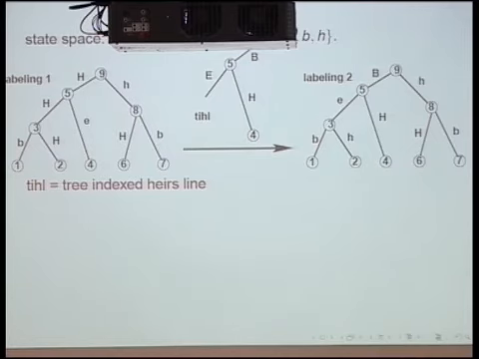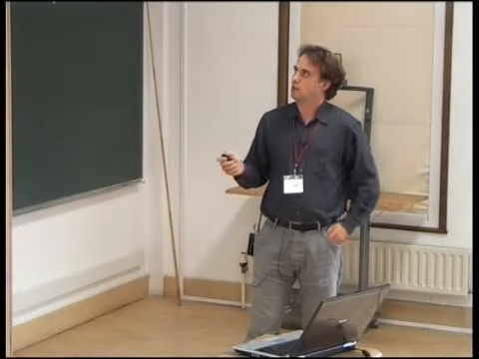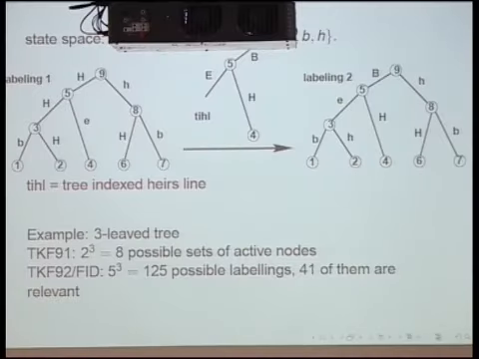And in fact, one can show that these labelings are a Markov process. They form a Markov chain, the labelings for this tree. And we get a similar formula as before, but of course, there are several more different states.